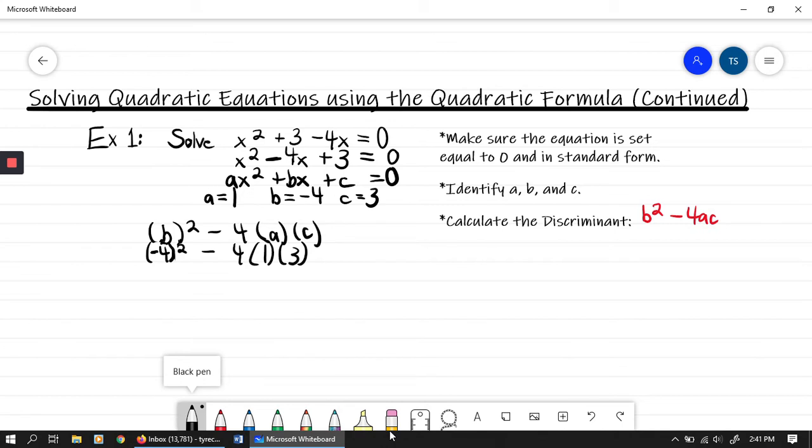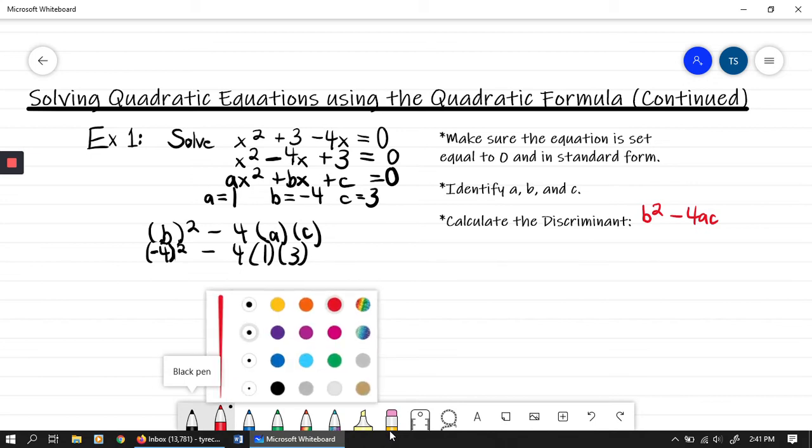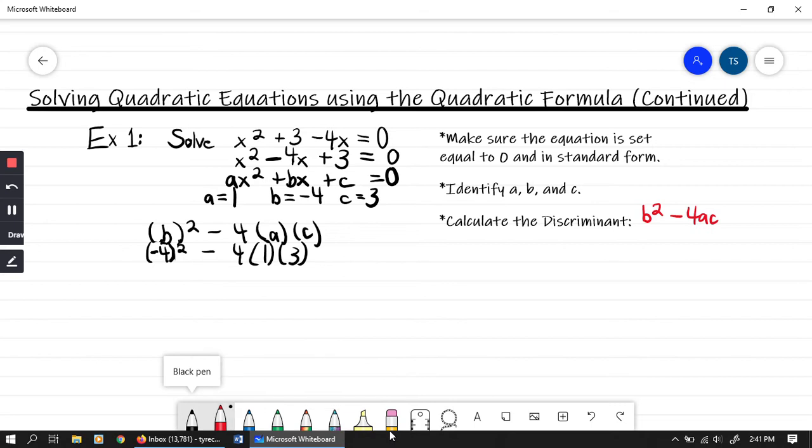If you don't put this -4 in parentheses in the calculator, and I'm going to erase this afterwards, but if you do it without parentheses, your calculator is going to take 4 squared and multiply that 4 squared times -1.